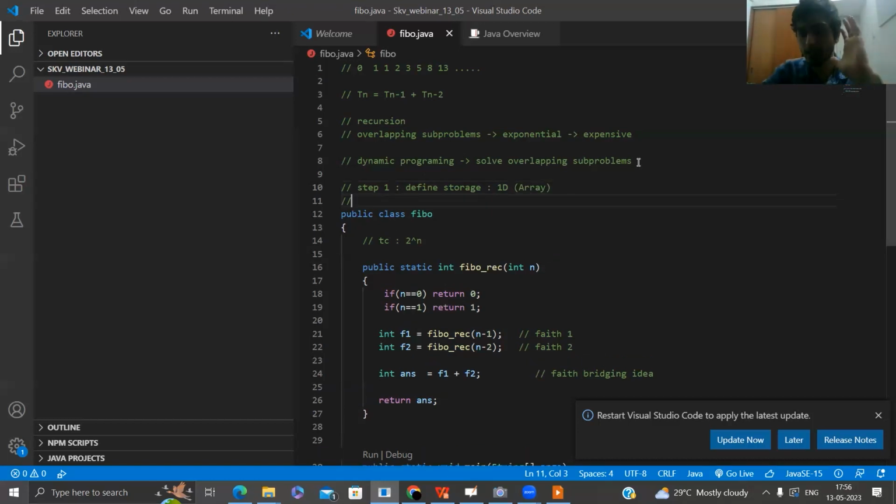Your next step is to define the meaning of that storage. This 1D array, I'm calling it DP. So this is a DP array. Your second step is that you define the meaning of each index. So DP of n is equal to the value of the nth Fibonacci number.